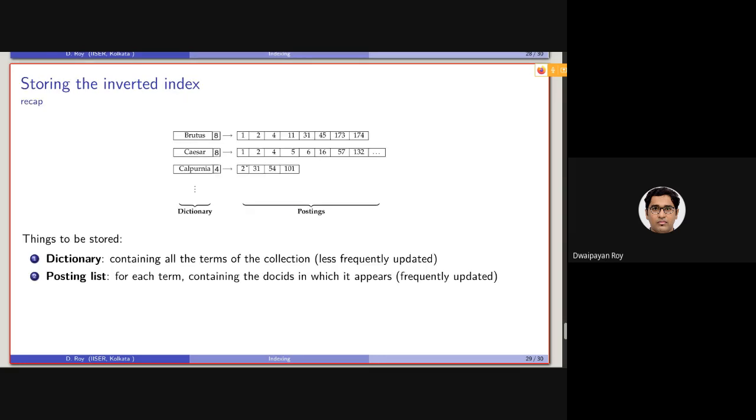All right, so just to give you the recap of today's discussion, while making the inverted index, we need to store two things: a dictionary containing all the terms, and a posting list, which is basically a list for each of the terms in the dictionary containing the doc IDs in which it is appearing.